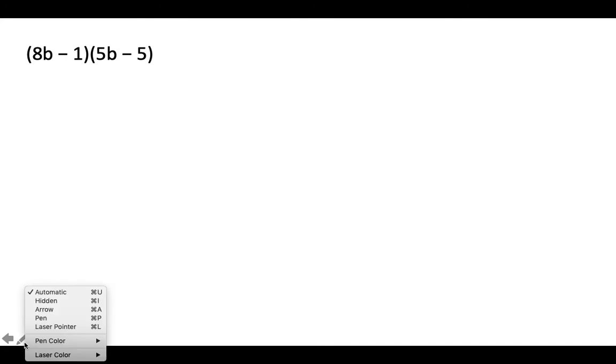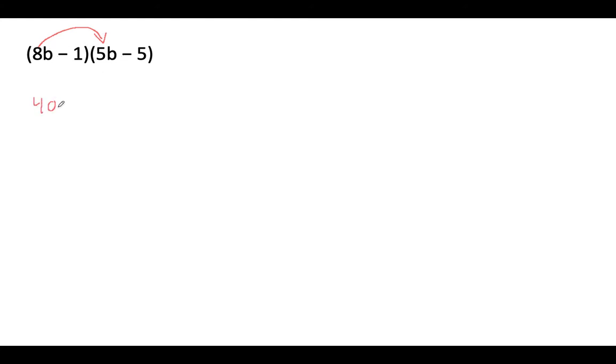Okay, one more. Let's FOIL again. The firsts, 8 times 5 is 40. b times b is b squared. Then the outsides, 8b times negative 5 will be negative 40b.